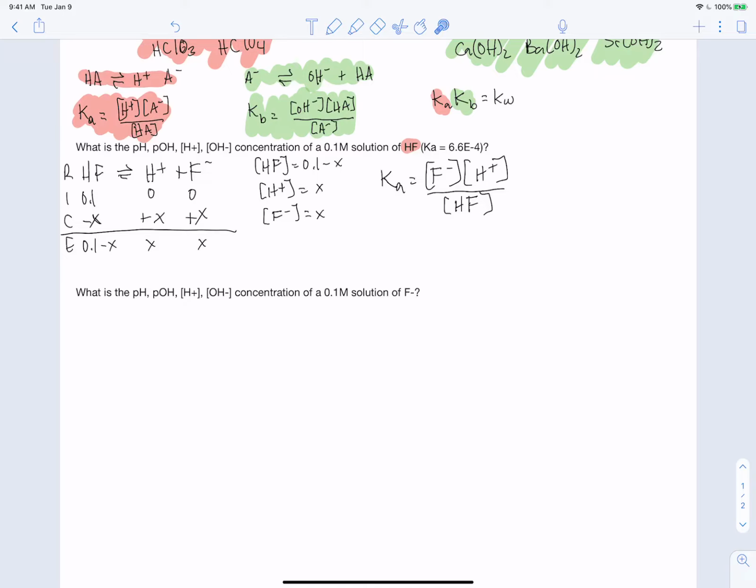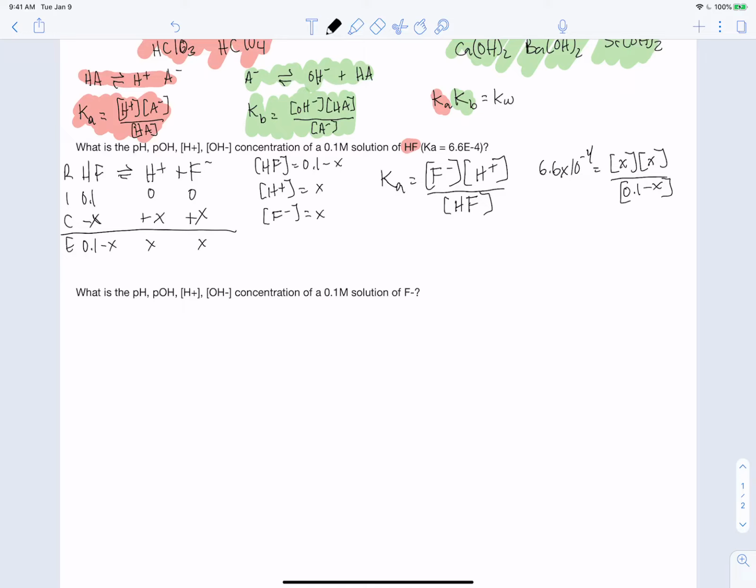And since we know Ka, since it's given to us in the problem, what we end up with is one equation with one unknown, which we can solve. So remember, you can solve for as many unknowns as equations that you have. So one unknown, one equation, and we can solve.